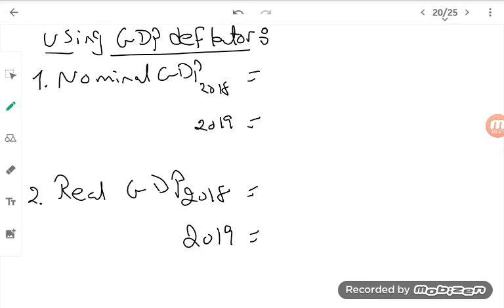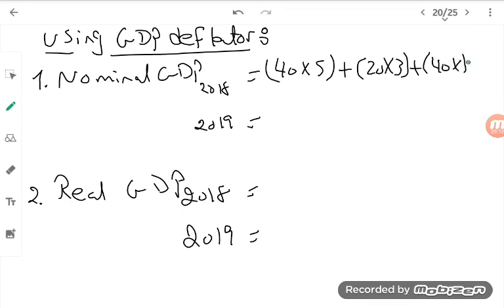Then GDP deflator 2018 and 2019, and finally the inflation rate. First, nominal GDP. 40 multiplied by 5 plus 20 multiplied by 3 plus 40 multiplied by 1, it's 300.